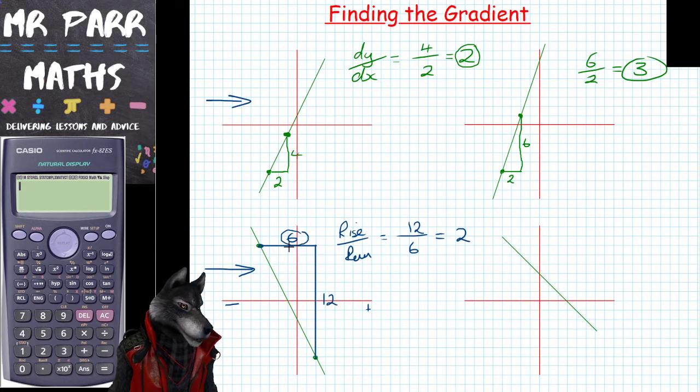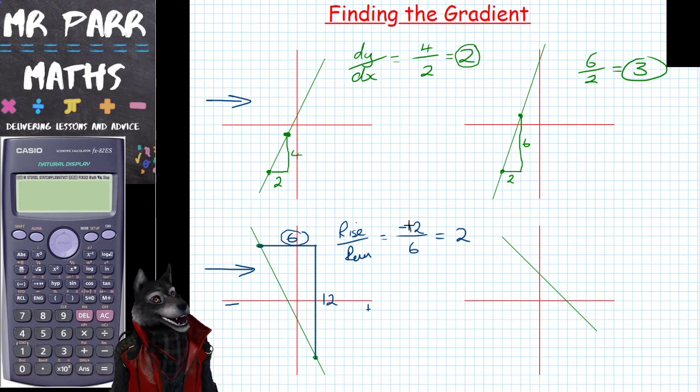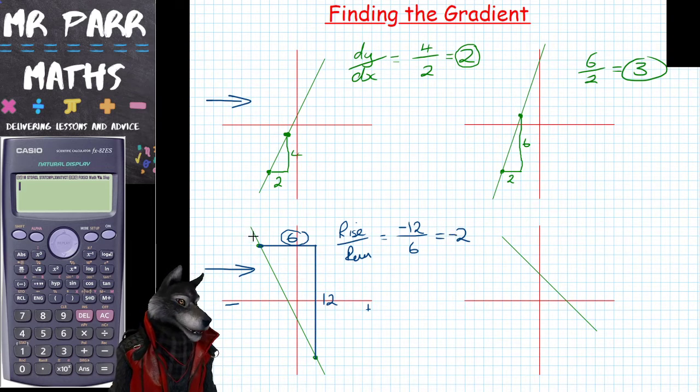Your y values are decreasing. So for every step I go down, I'm going in a negative direction. So this should be minus 12 this time. Now, negatives with positives, negative 12 divided by positive 6 gives us negative 2. So this graph, because it's going downwards, has a negative gradient.